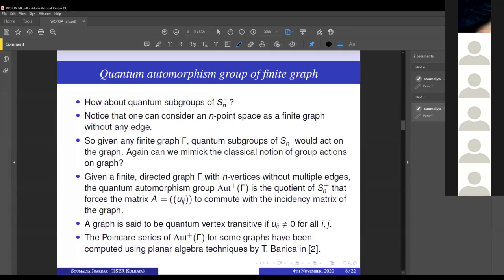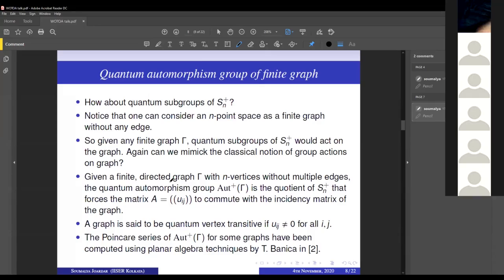Again, we would mimic the classical notion of group action on a graph. What is a group action on a graph? If you think of permutations as permutation matrices, those matrices you allow are the ones which commute with the incidence matrix of the graph. That is how group action on a graph comes, and we can generalize it.